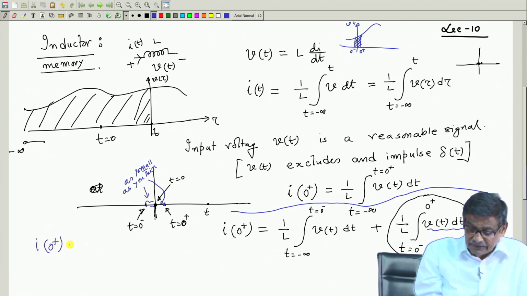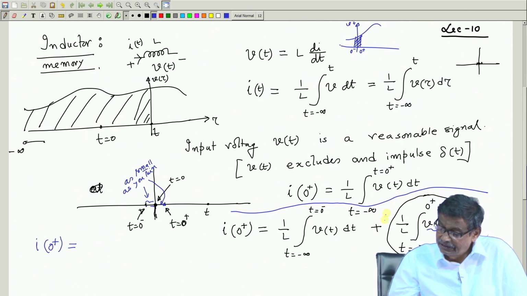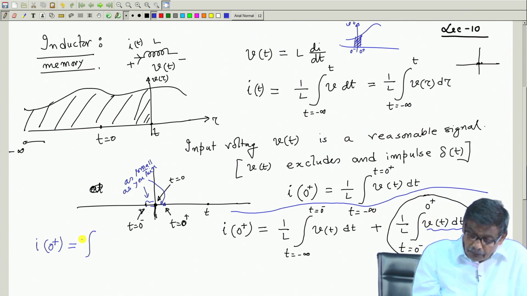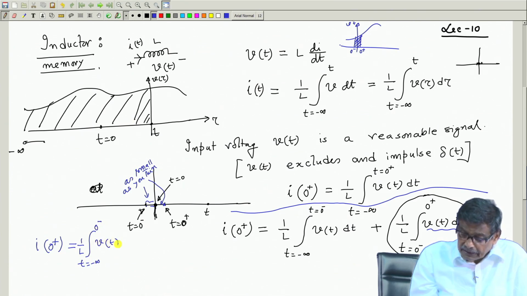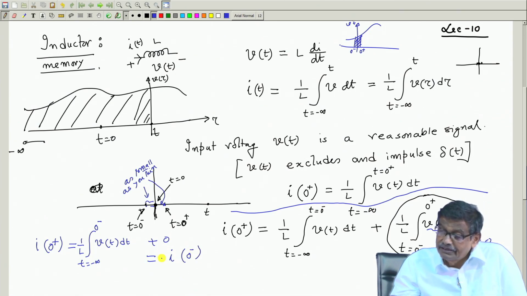I at 0 plus will then be equal to 1 by L, integral from t equal to minus infinity to 0 minus of V(t) dt, plus 0, because this term is 0. But what is this thing by definition? 1 by L times the integral from minus infinity to 0 minus is nothing but I at 0 minus, because I have written I at 0 plus like this.